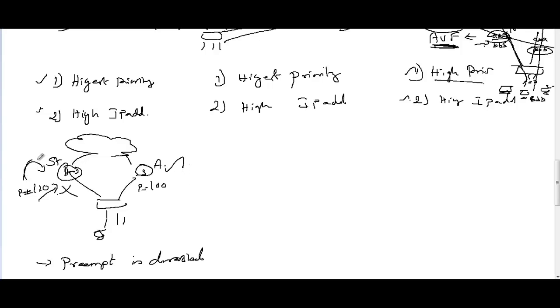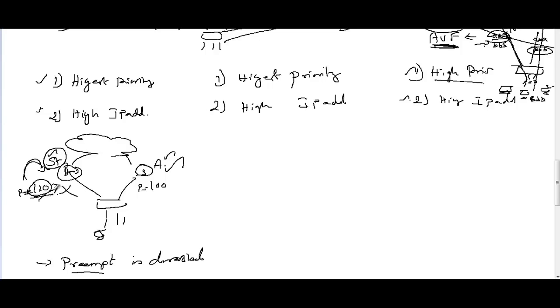When it comes back, though the priority is bigger, because preempt is disabled, it cannot retain its active position. It has to go as a standby.